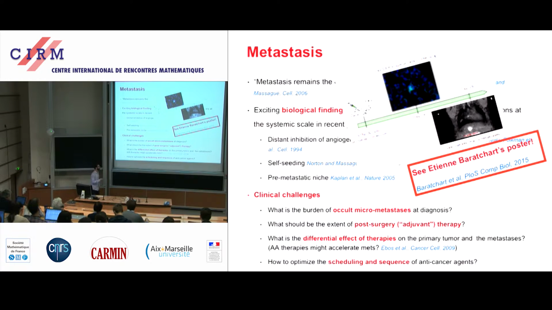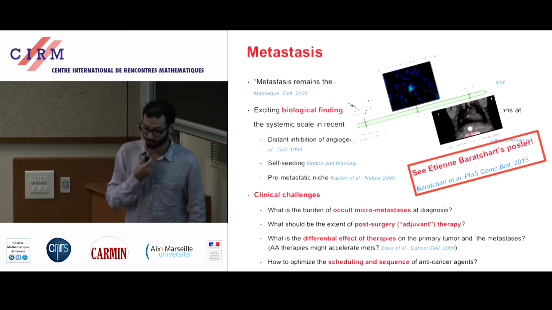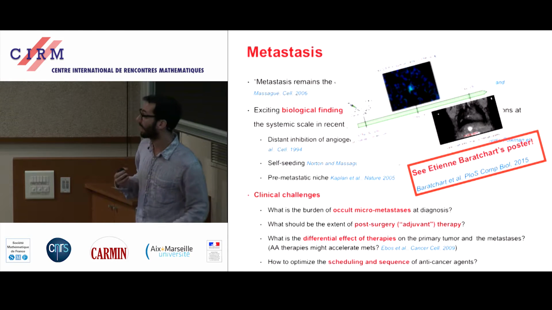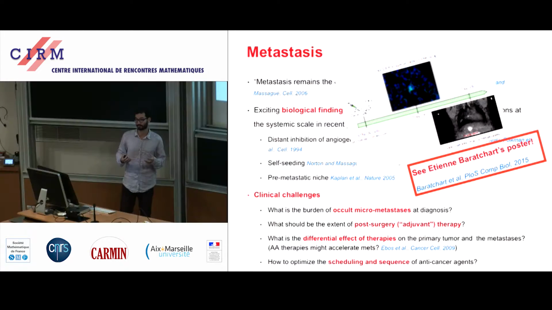In this paper in 2009, John Ebos and Robert Kerbel demonstrated that some anti-angiogenic therapies might actually accelerate the growth of the metastasis, whereas they were diminishing the growth of the primary tumor. So this is an important topic. I will not present any results in this framework, but we are working with John on this topic using the same framework that I present to you.